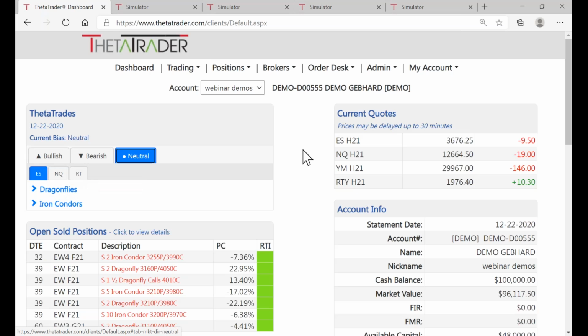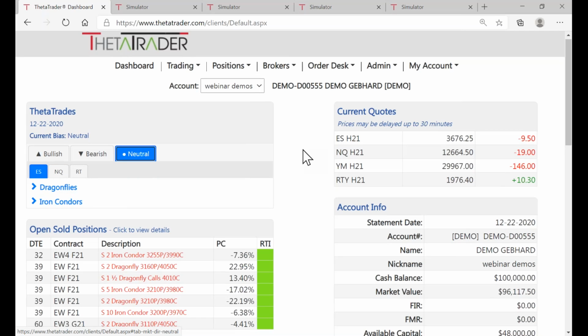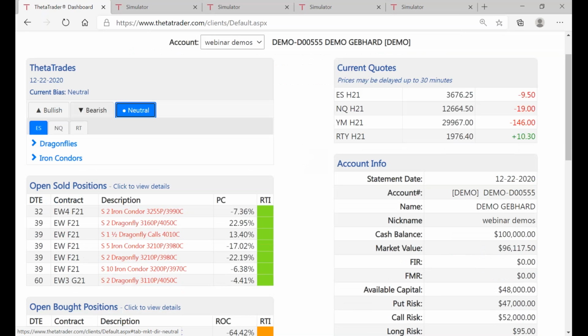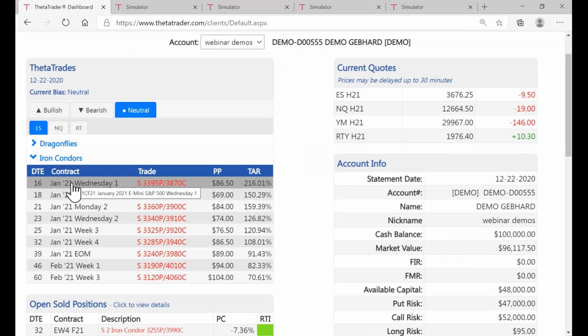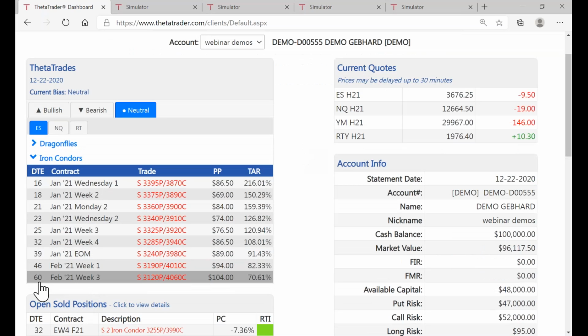And there's a good reason why, and I'll show you in just a moment. We did look at the condor, and I will go ahead and drill down, and now you'll see the algorithm has pre-built all these condors anywhere from 16 to 60 days till expiration. And it's chosen the strikes and the value and everything for you.